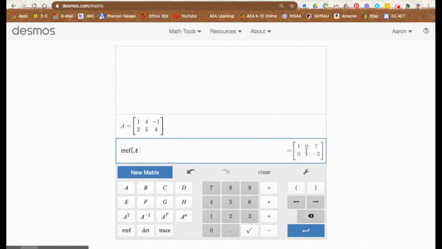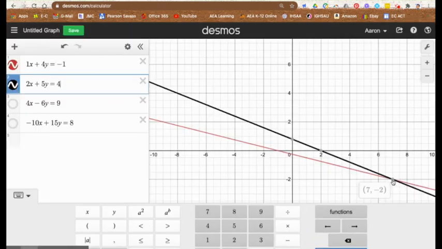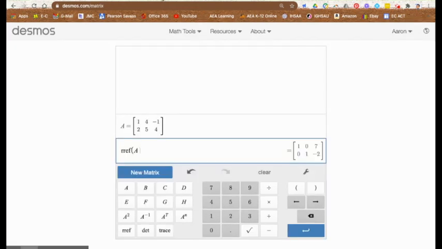The second row says y equals -2. If you remember, when I graphed these, they cross at 7, -2. So by putting it in as one bigger matrix, a 2 by 3, and doing rref, I got my two answers in one step, not having to do multiple steps.